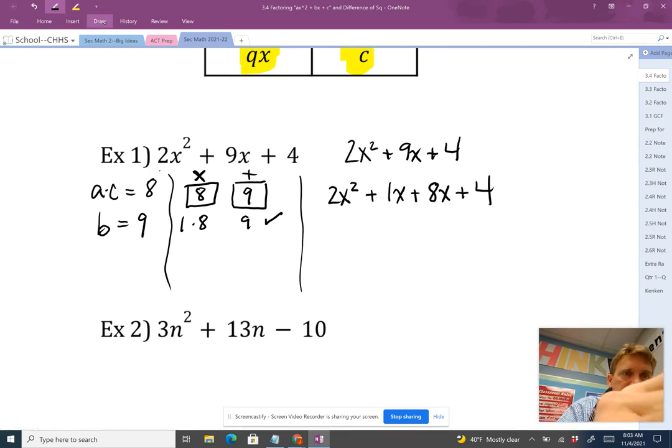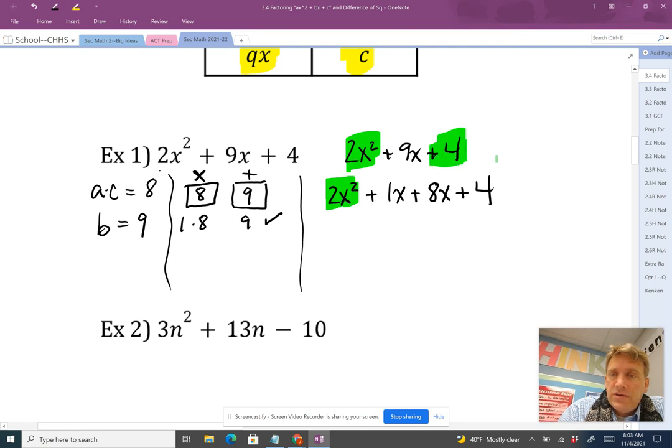What I'd like you to notice here is that the first term and the last term stay the same. That plus 4 and that 2x squared are the same as they were before. But the 9x in the middle, we rewrote using the two numbers we found, 1x and 8x. 1x plus 8x is 9x.